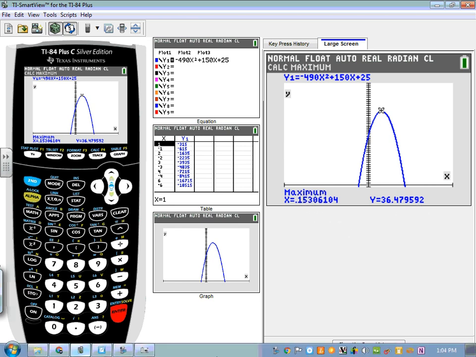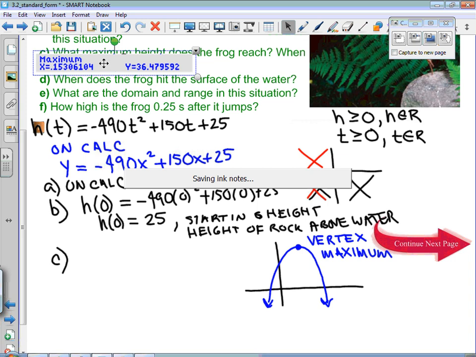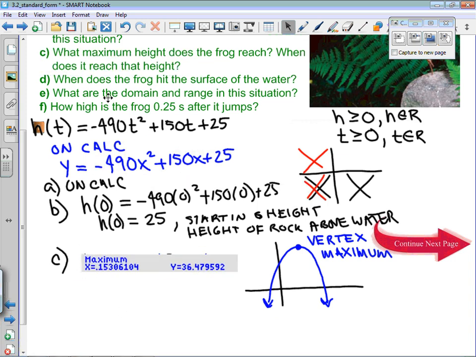And I am going to cheat a little bit because I never remember these numbers when I do it on my calculator. So I am just going to grab them with the screen cap. And then what we know is that, and this is really important, we have to think about what these variables are representing. The x is representing the time, and the y is representing the height.